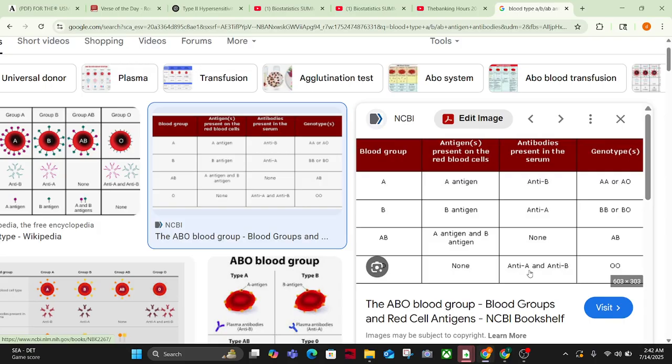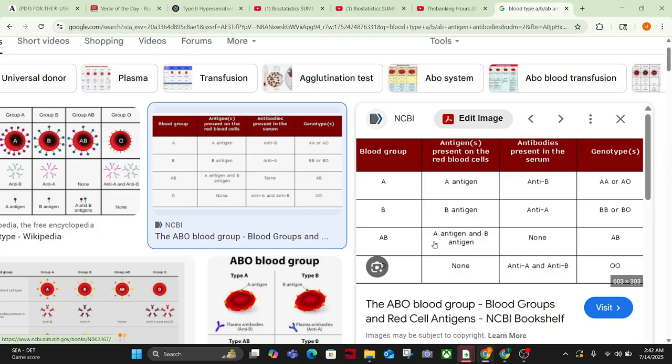So this same kind of antigen, right? So A and B antigen. If you have the same kind of antigen mixing with the same type of antibody in the same place, you will have hemolysis.